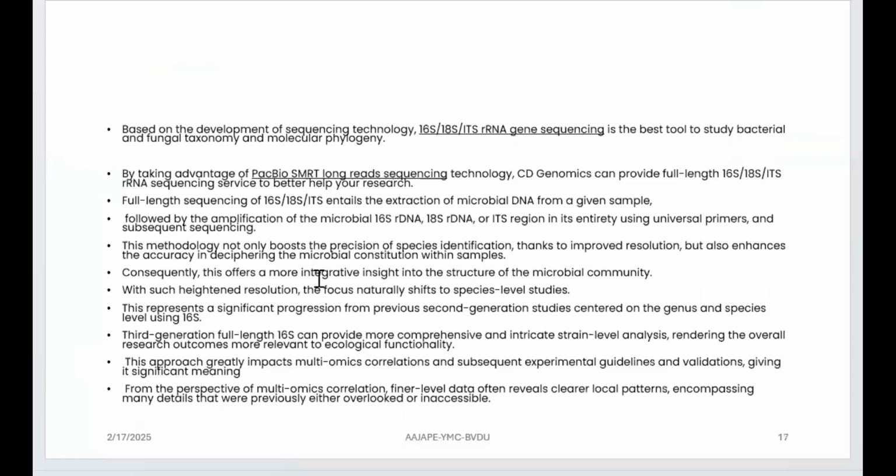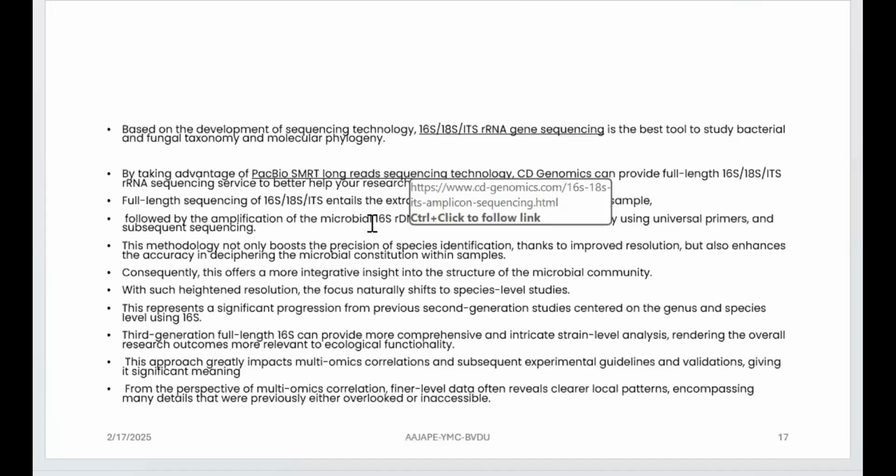Now, based on development of sequencing technology, when we are using 16S or 18S or ITS RNA gene sequencing, it is the best tool for study of bacterial and fungal taxonomy and molecular phylogeny. True, but we have seen what the limitations are and how you should go about species level identification or clustering of the isolates.